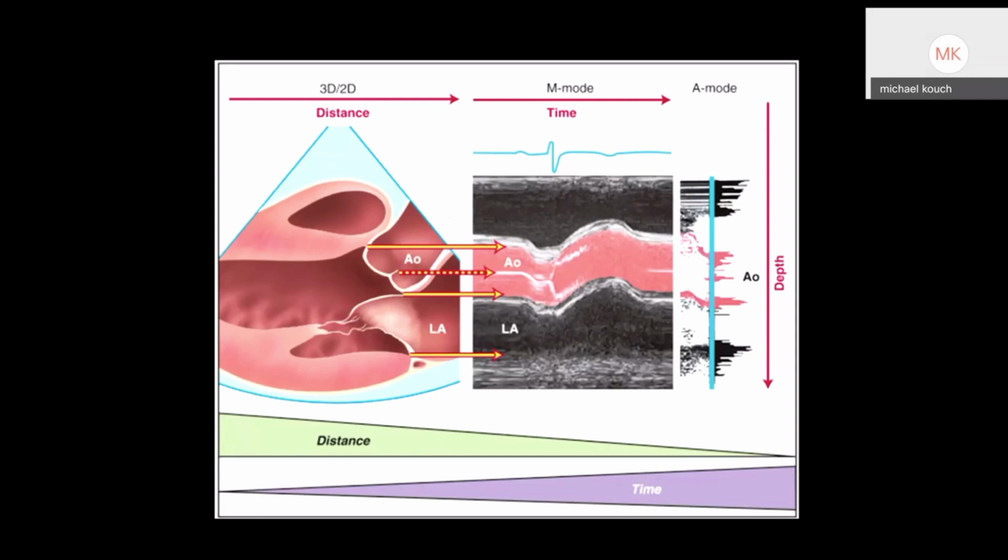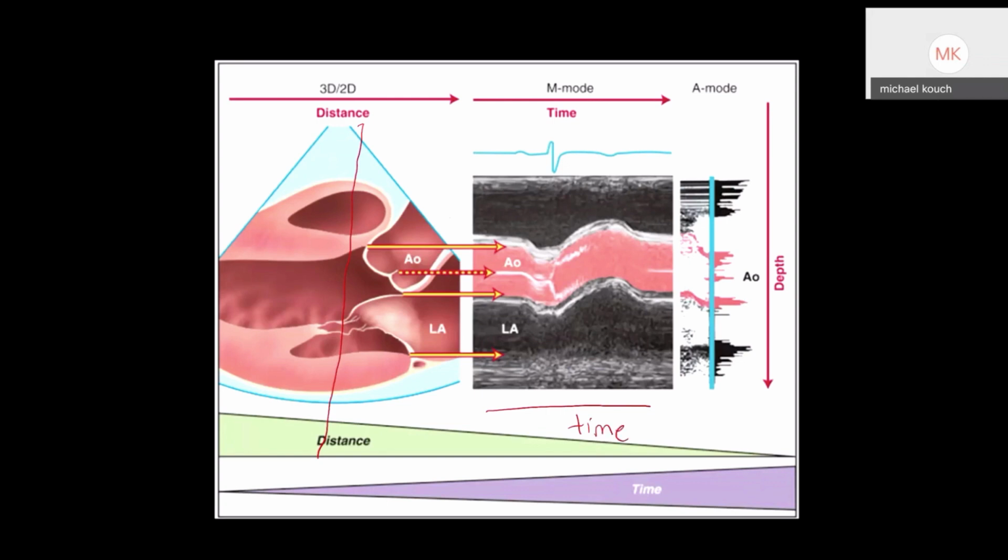M mode's actually pretty straightforward. You're basically taking a 2D picture of the heart, and you're trying to turn it into a visual video. So what you're doing is taking a specific scan line down the heart, by this red line that I just drew, and you are going to be scanning over this one line the entire time, and on the x-axis is time.